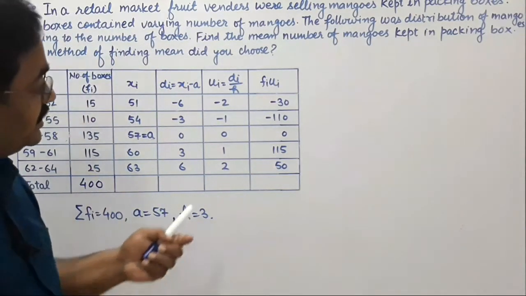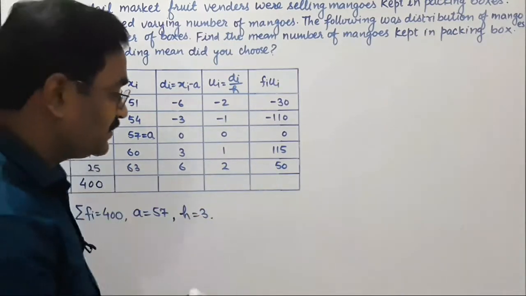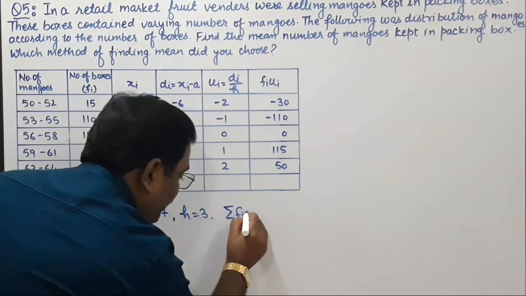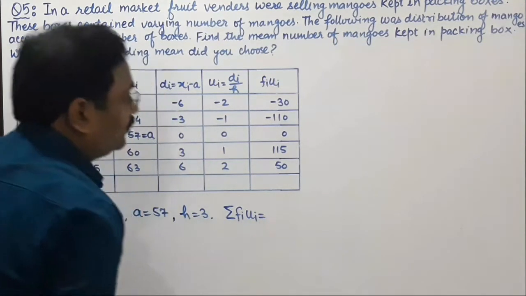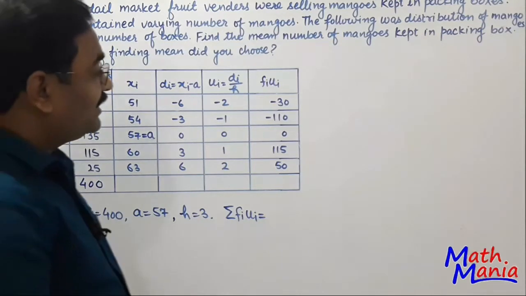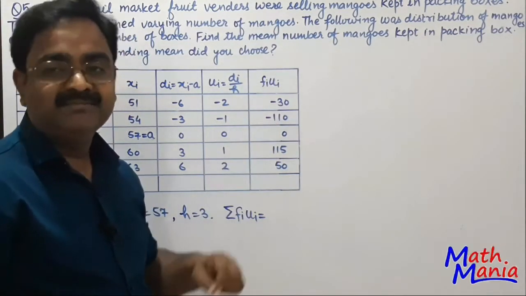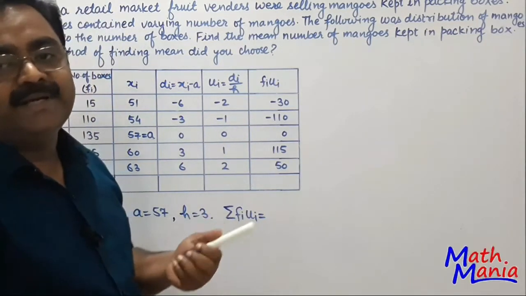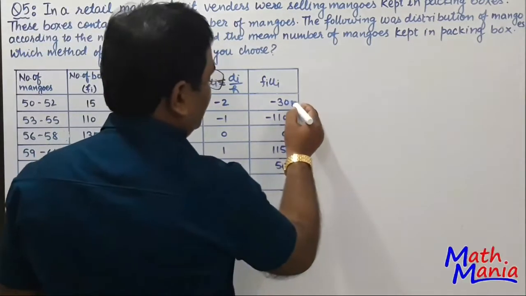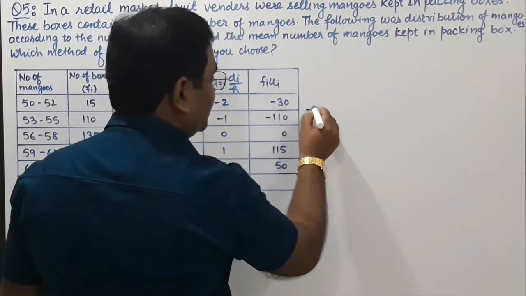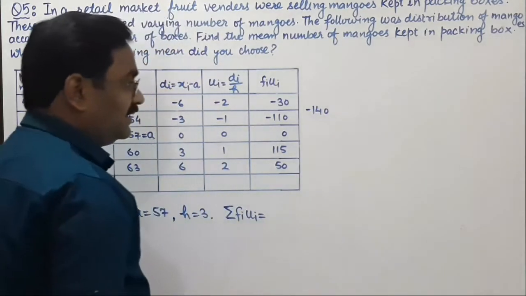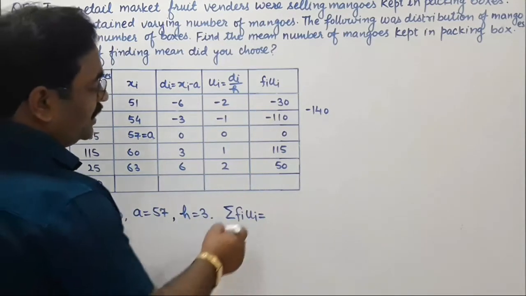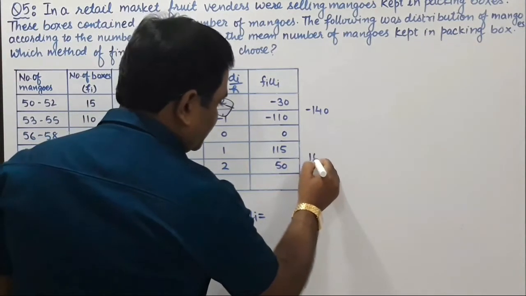अभी हम क्या करेंगे, इस कॉलम का भी सम फाइंड कर लेंगे which gives you the sigma fi ui की वैल्यू आपको मिलेगी. तो इसको ऐड करने के लिए since these two numbers are negative, उसको पहले ऐड कर लेते हैं, and these two are positive, प्लस को भी ऐड कर लेते हैं, we will get our required number. Sum of these two will be -140, right, because this is -30 and -110, -140, and the sum of this is 165.